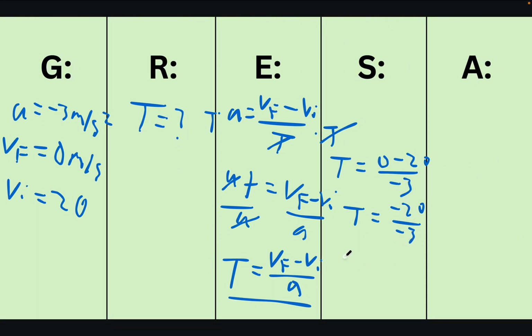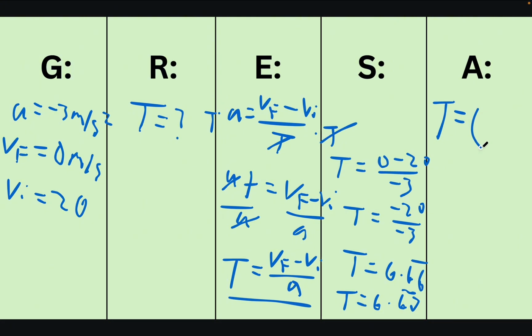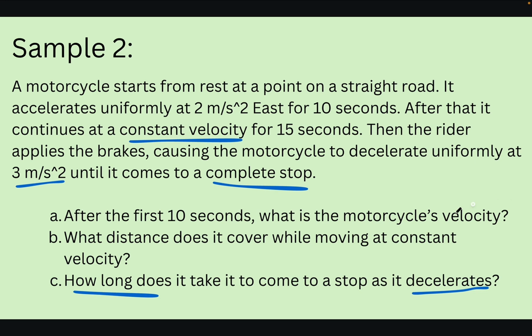So you divide both of these, and you get 6.66, which also evens out to t is equal to 6 point, wait, 0.67 when you round it up. And so our time is 6.67 seconds. And that's the answer for C.